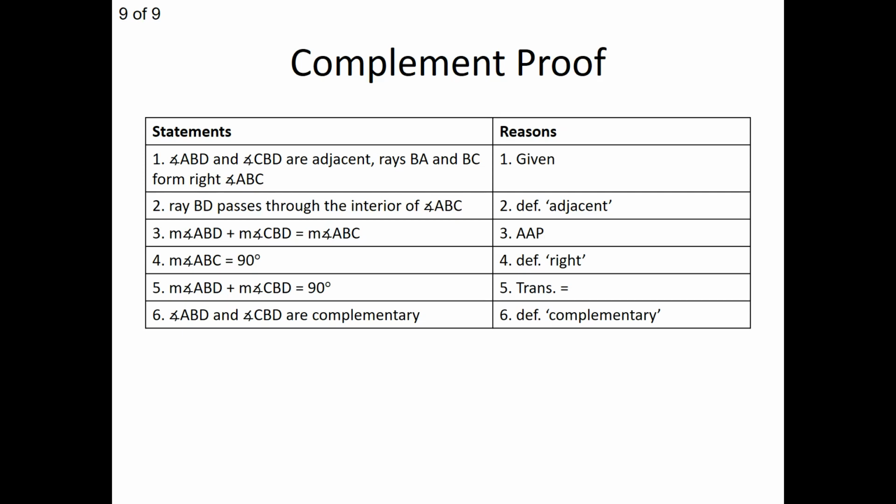The sum is equal to the whole, and the whole is equal to 90, which means the sum is equal to 90. Hey, now in statement 5, I am saying that the two angles add to 90 degrees, which is what I wanted to prove. I wanted to show that they add to 90 degrees because now I can call them complementary angles. So in statement 6, angles ABD and CBD are complementary. Why? Because they satisfy the definition of complementary.